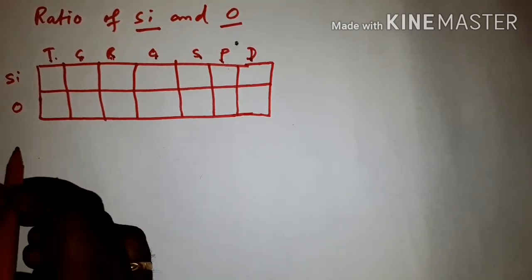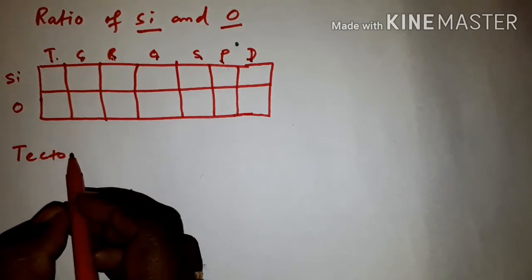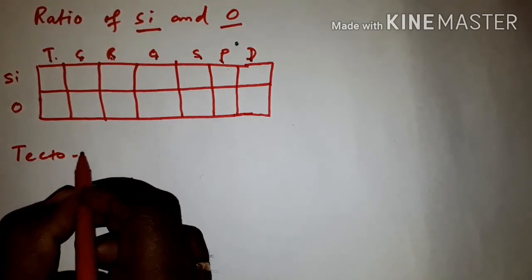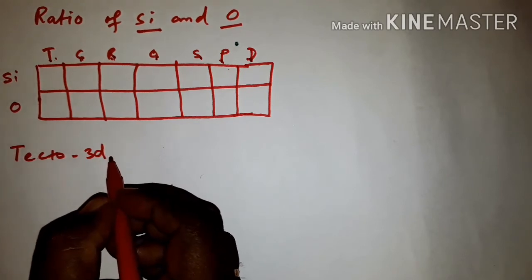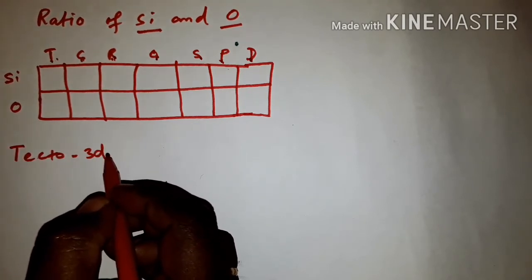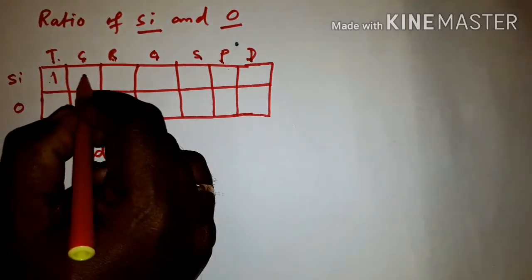So T means tectosilicates, or three-dimensional silicates. See here, one.